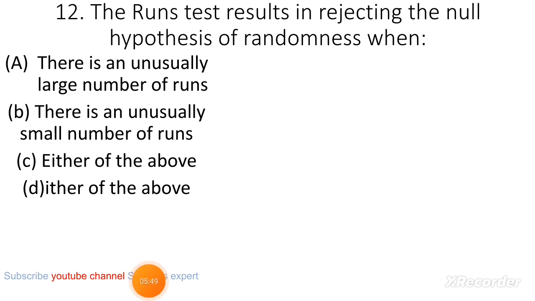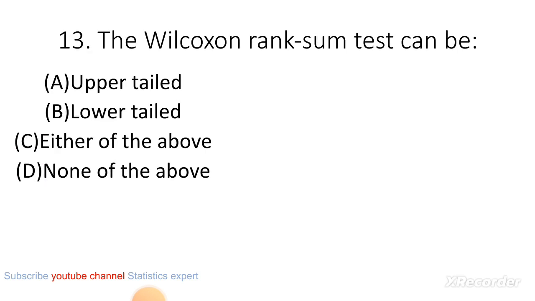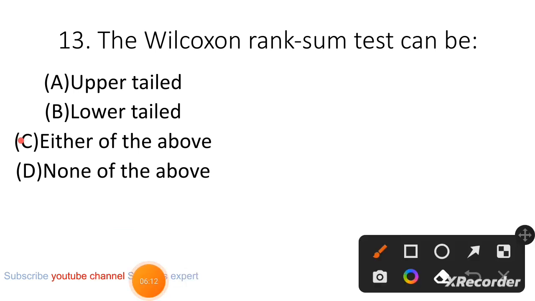Hence C is correct, both A and B are correct options. The next question: the Wilcoxon rank sum test can be upper tail, lower tail. Both can be, so option C is the right option.